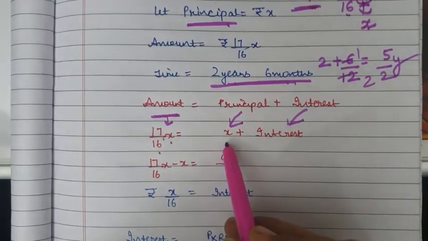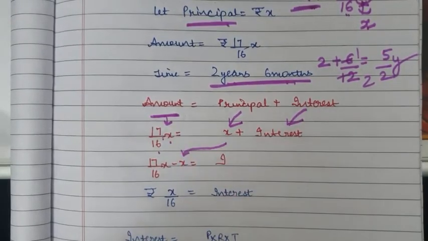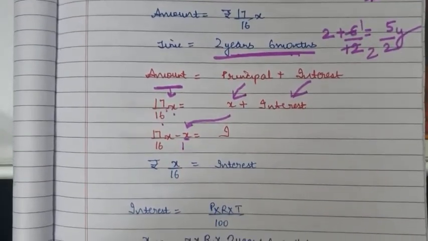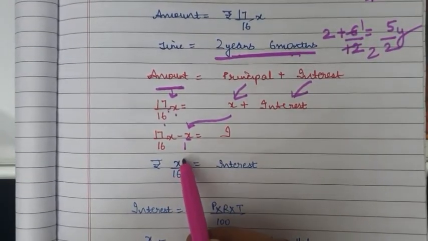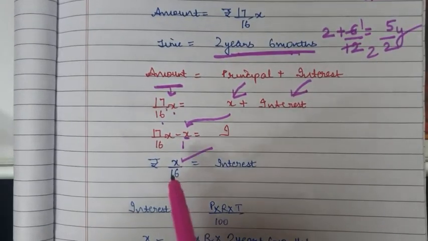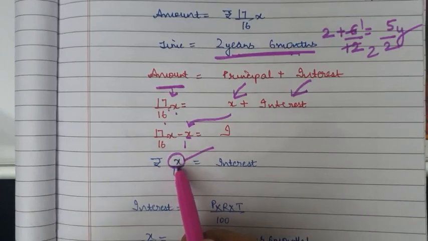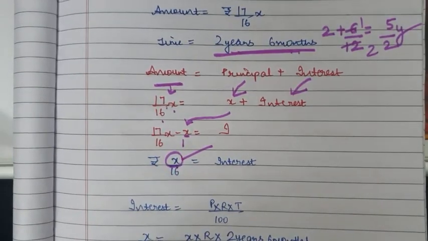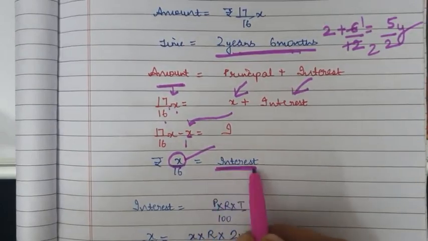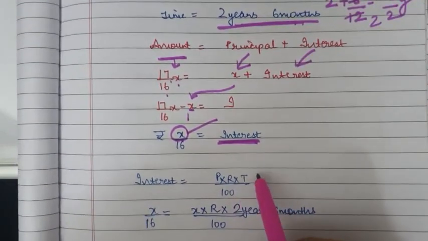Now x will shift to that side. Now take the LCM. So what we get? We get x upon 16. Now we have to find this value. Clear? Now interest formula we know, so let us put its formula.